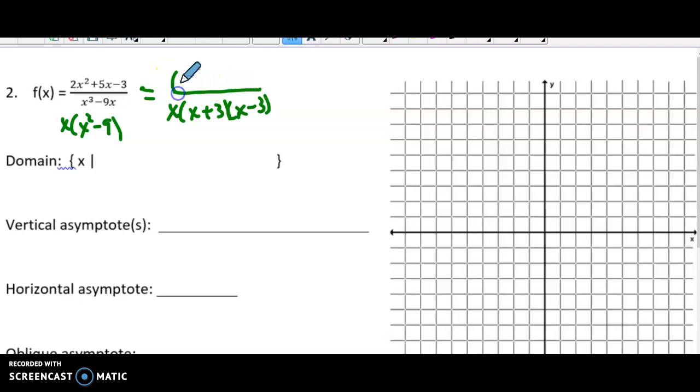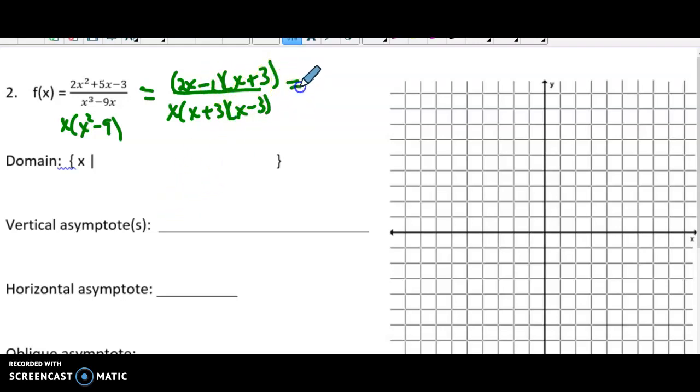Up top, looks like I might have 2x and x, 3 and 1. It looks like this should be positive and this should be negative. That gives me 2x squared plus 6x minus 1x, that'll be plus 5x and then minus 3.